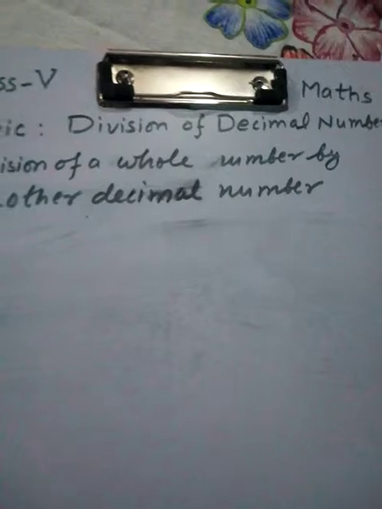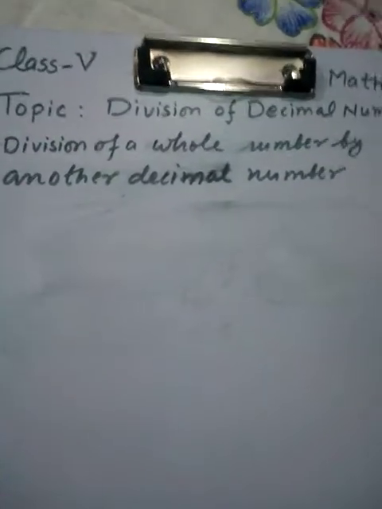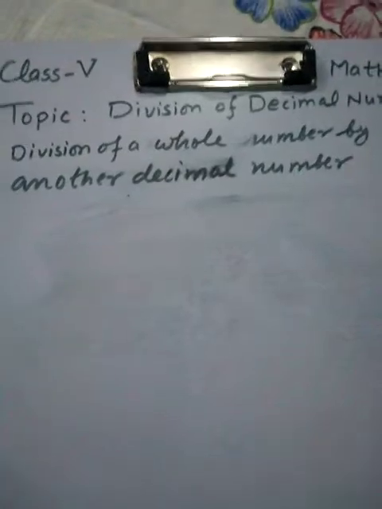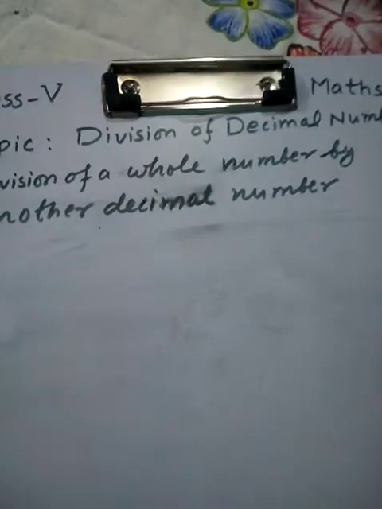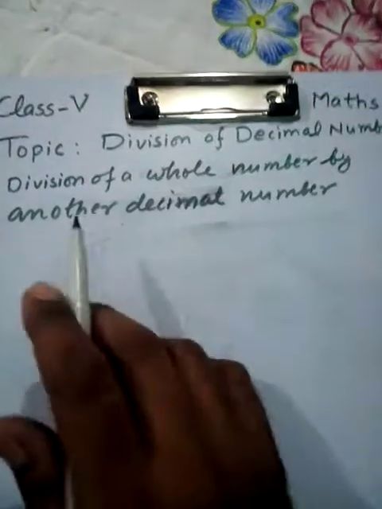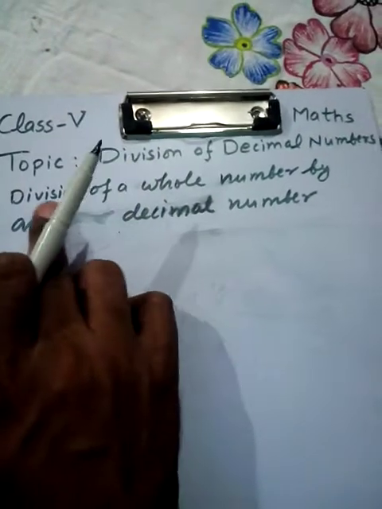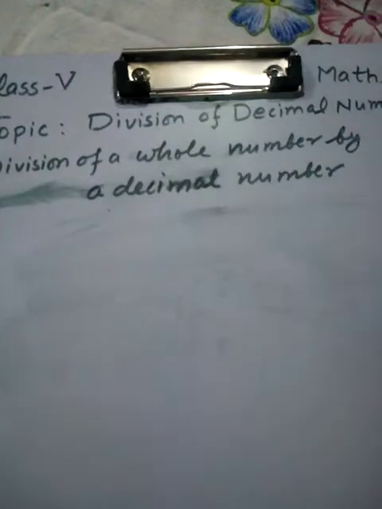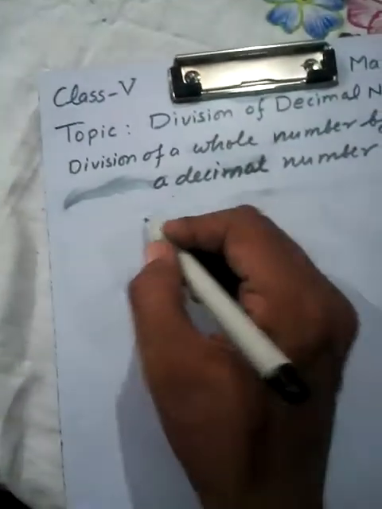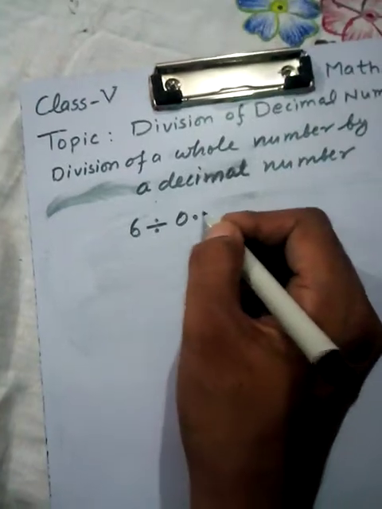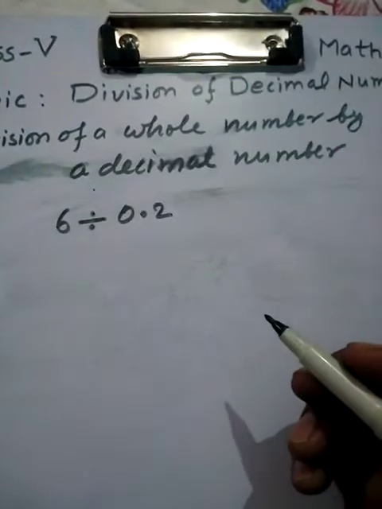Now students, we are talking about the division of a whole number by a decimal number. How can we divide? Suppose I am taking an example, 6 divided by 0.2. How can you divide?